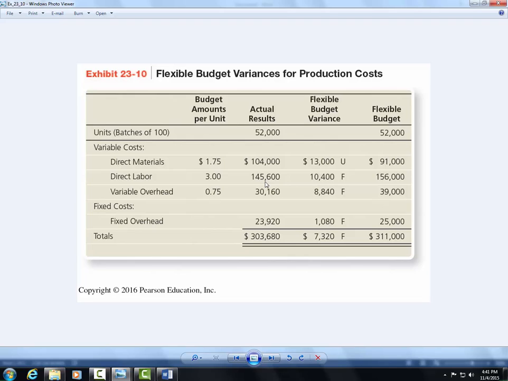Was our cost a lot lower for our direct labor? Did we pay lower wages? Or did we just use a lot less hours of direct labor? Was our usage down to create this favorable variance? Once we break that flexible budget variance down into the cost variance and the efficiency variance, we'll be able to explain why we had this $10,400 favorable variance.